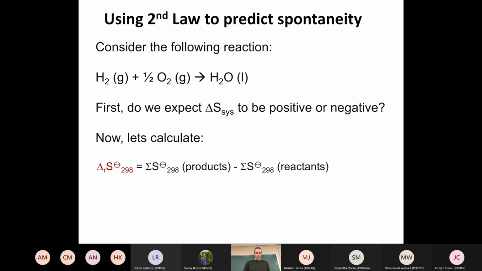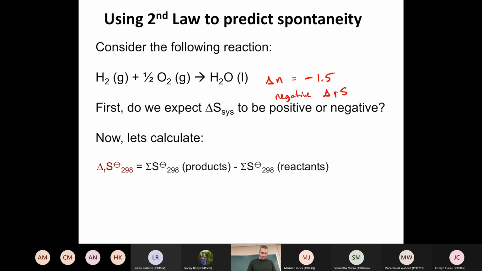We have 1.5 moles of gas on the left side, 0 moles of gas on the right, so delta n here is negative 1.5. That means this is definitely going to have a negative delta S, because the number of gas molecules goes down.